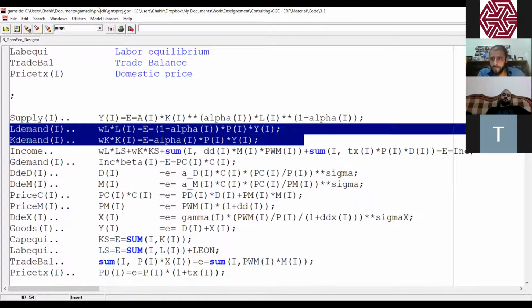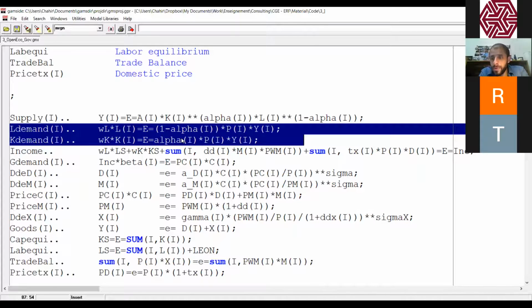Now my income, if you remember, we said that we have a representative agent whose income will include all the sources of income. Taxes. That are, just a second, that are income that comes from wages, that comes from capital remuneration, that comes from import duties, and that comes from taxes.